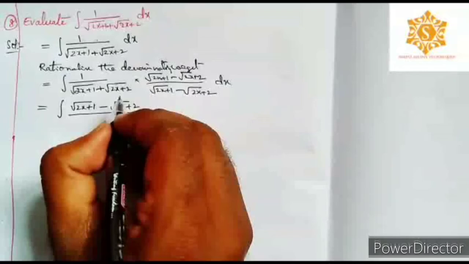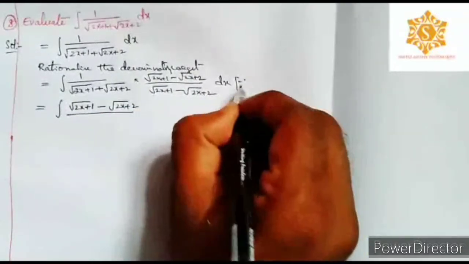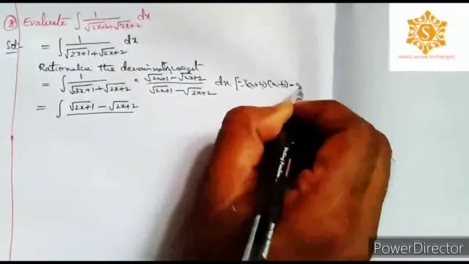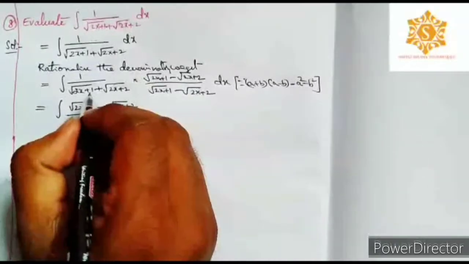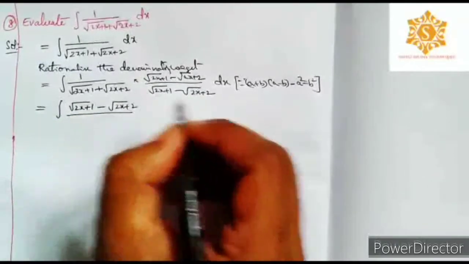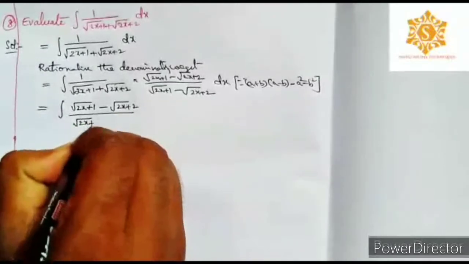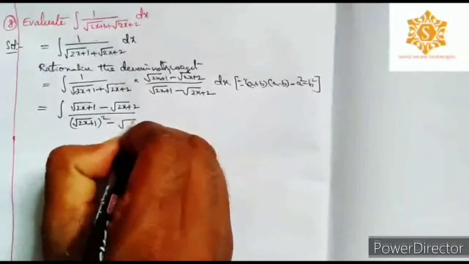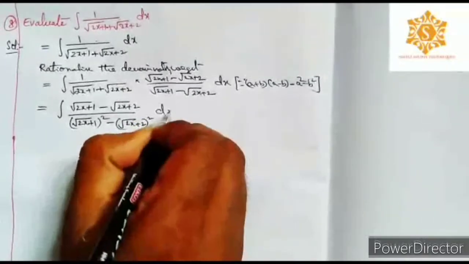So it is the same as the formula (a+b)(a-b) equals a squared minus b squared. Here a is square root of (2x+1) and b is square root of (2x+2). So now write it as a squared, that is square root of (2x+1) whole squared, minus b squared, that is square root of (2x+2) whole squared, into dx.